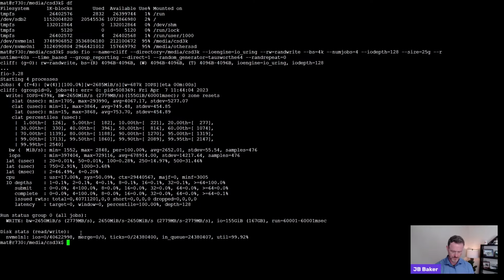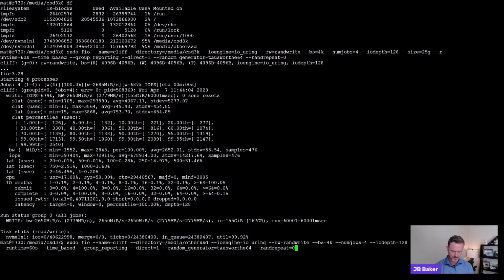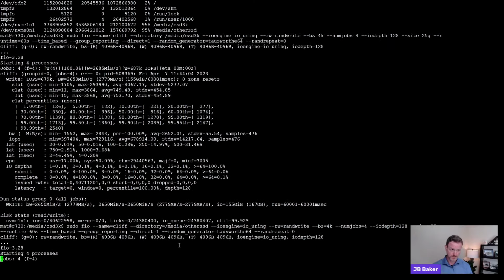So let's run the next test on the other SSD. You can see exactly the same string, and we're going to run on the other SSD now. And again, you can see already that the performance is quite different. The other device, very full, is having to do a lot of garbage collection, a lot of maintenance internally.